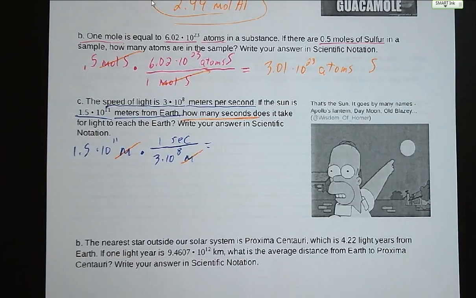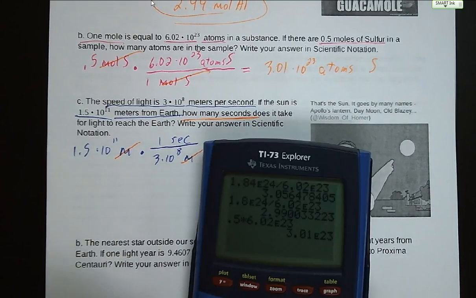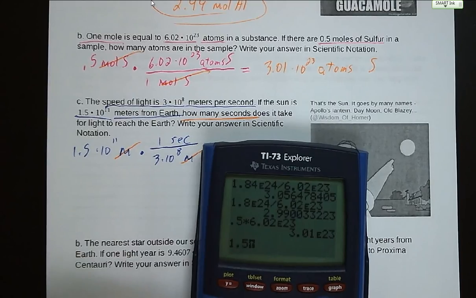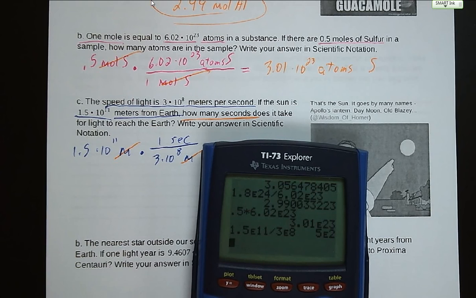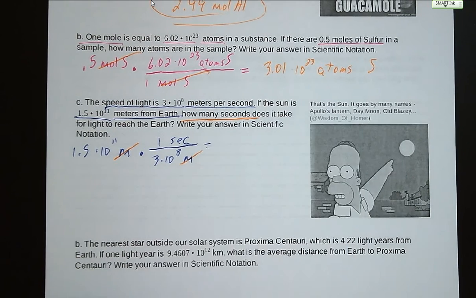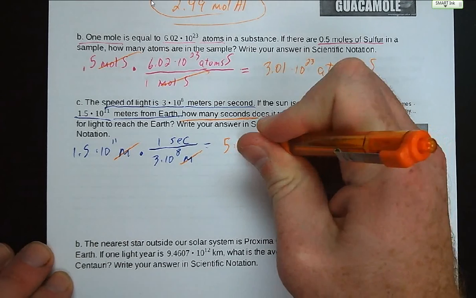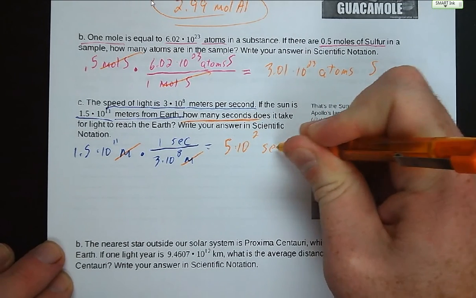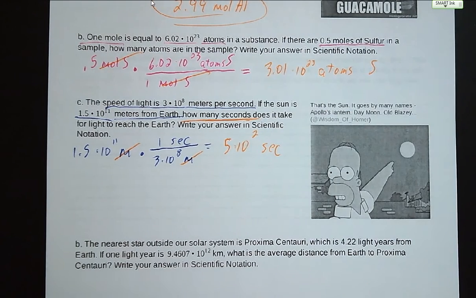Now we just need to do the calculation. So that is 1.5 times 10 to the 11th power divided by 3 times 10 to the 8th power, and it is 5 times 10 to the second. Okay, 5 times 10 to the second seconds, or about 500 seconds, which is just a little bit over 8 minutes if you were to convert that over.